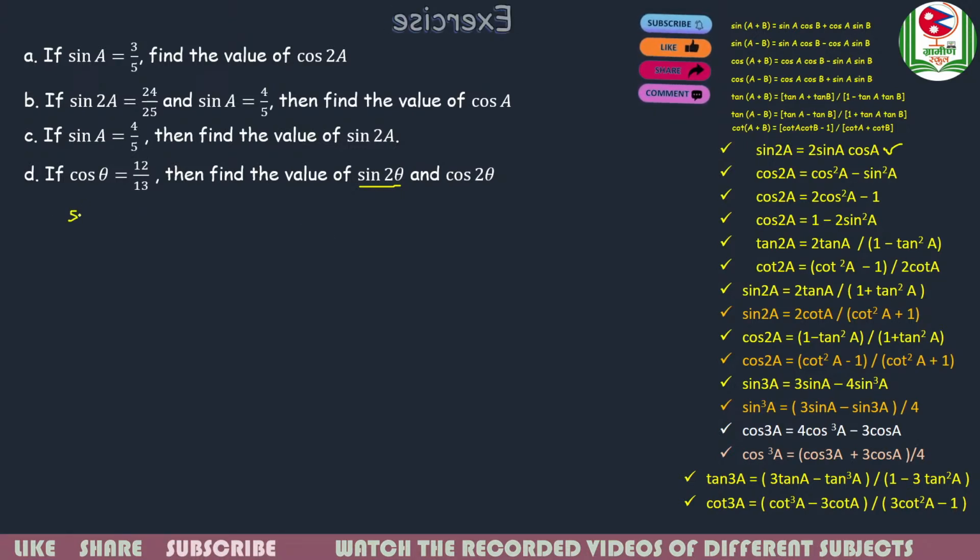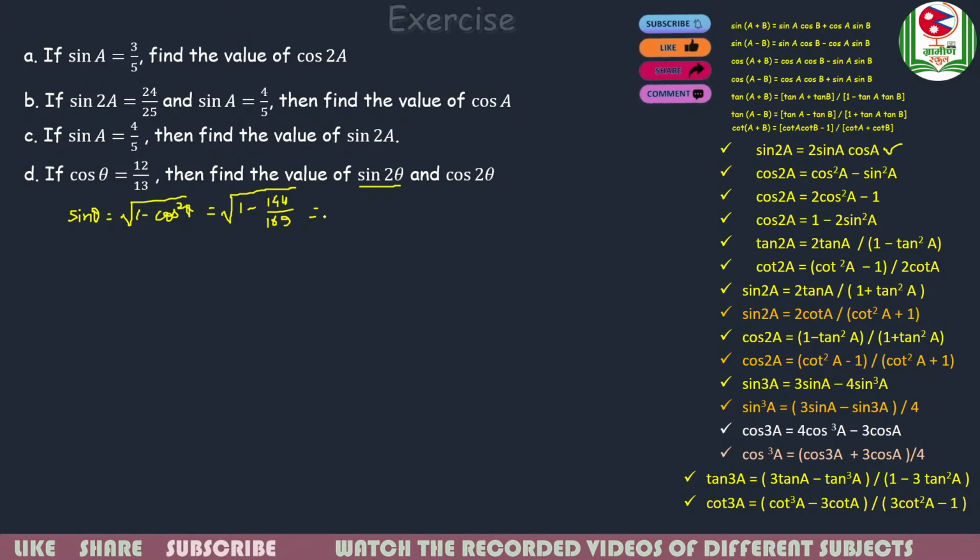So we will find sin theta equals root under 1 minus cos square theta, and this is going to be root under 1 minus 12 square, that is 144 upon 169.